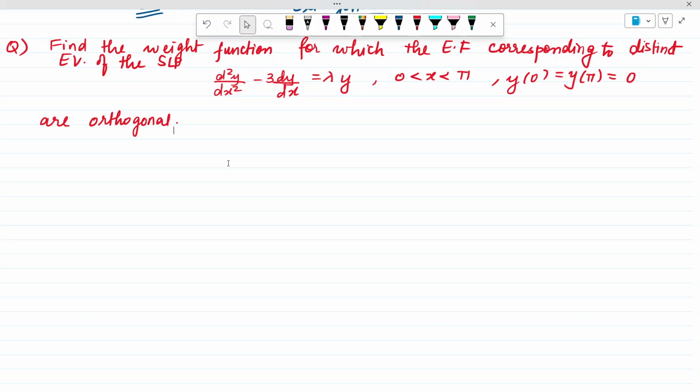Ma'am, mu of x is e to the power minus 3x. That's correct. Okay, you got mu of x, then calculate R of x.